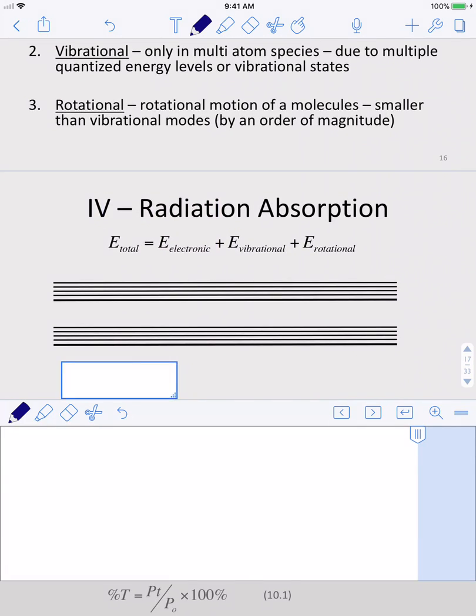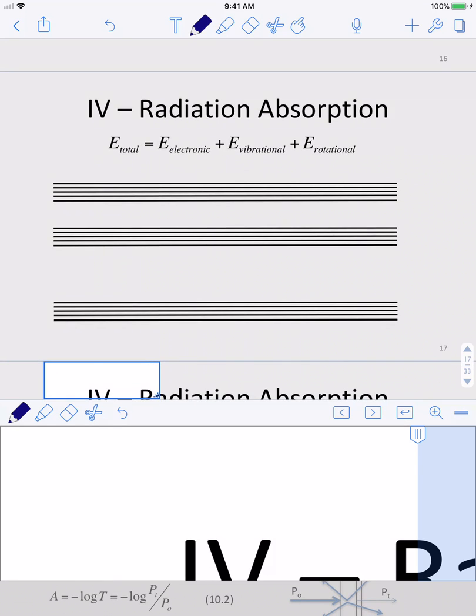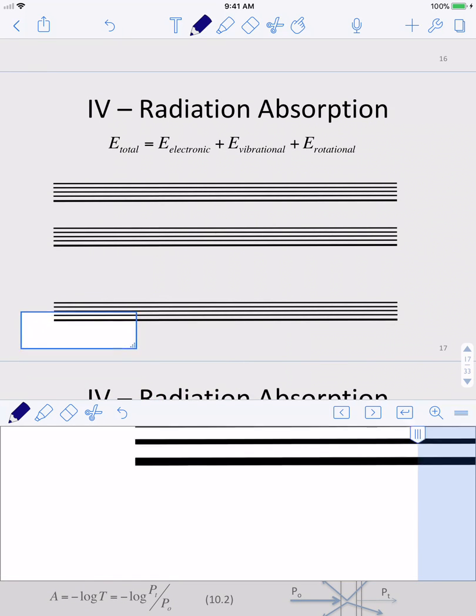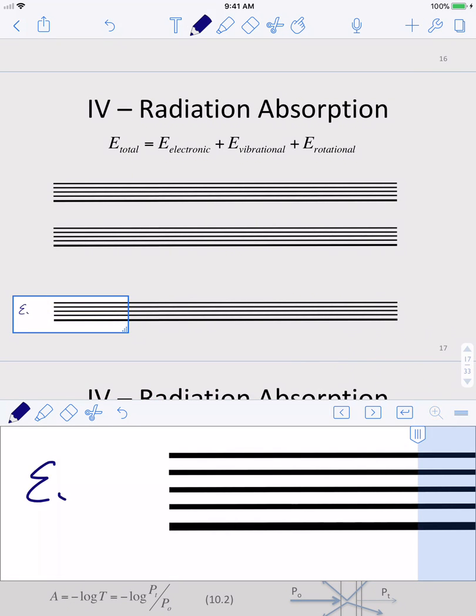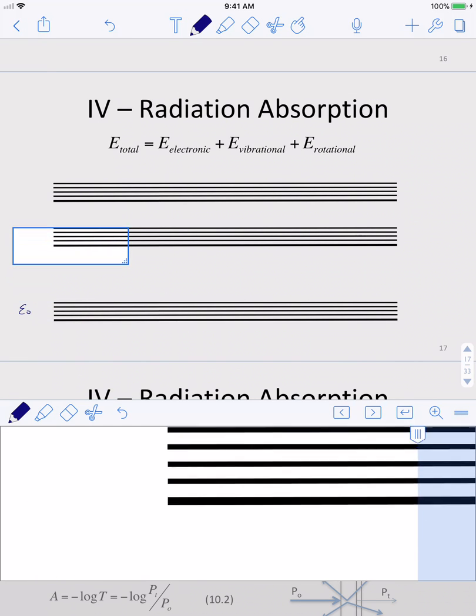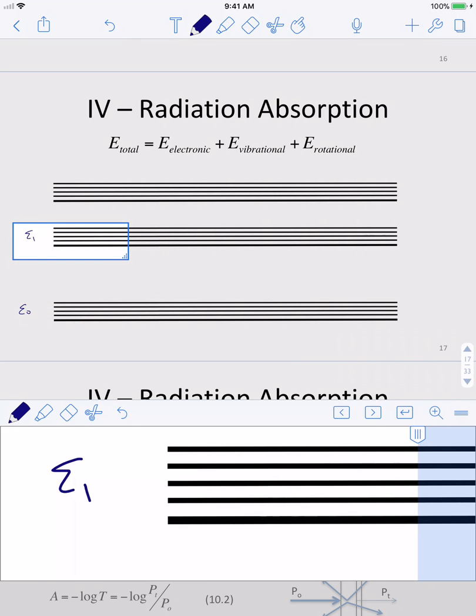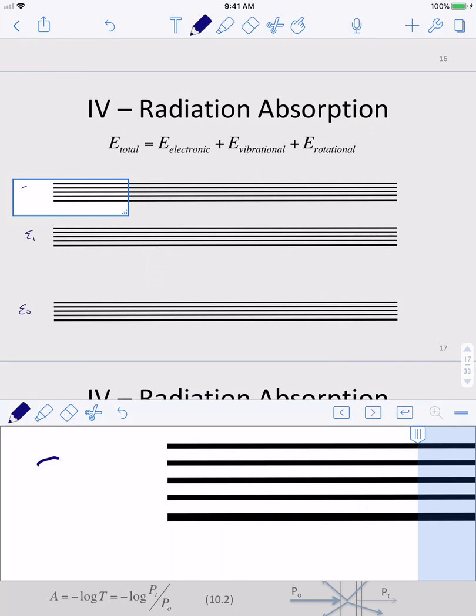All right, so here is our more complicated diagram where we have our electronic states. E0 for the ground state, E1 for the first excited state, and E2 for the second excited state, and we could go to E3, E4, all the way to infinity, but we're just showing a few.